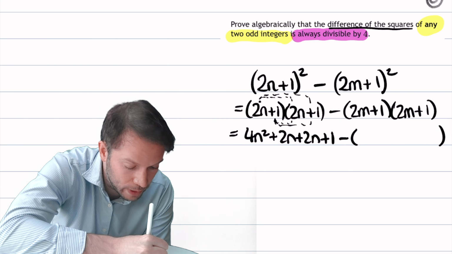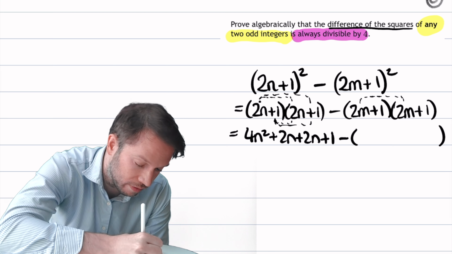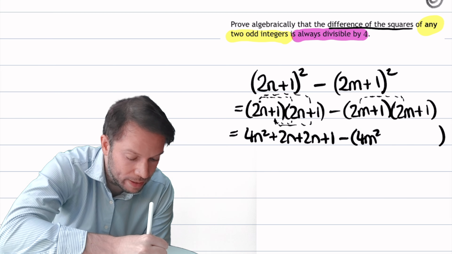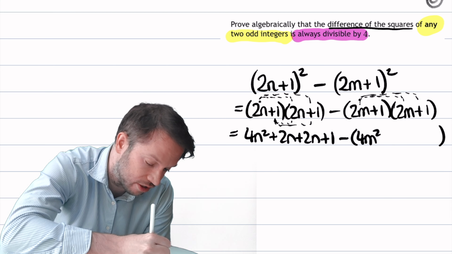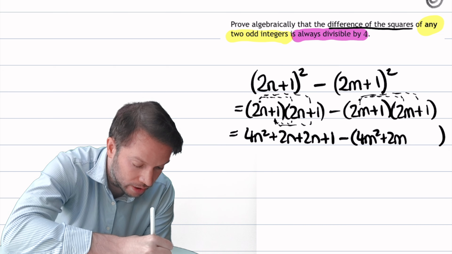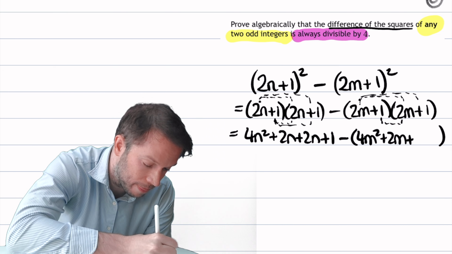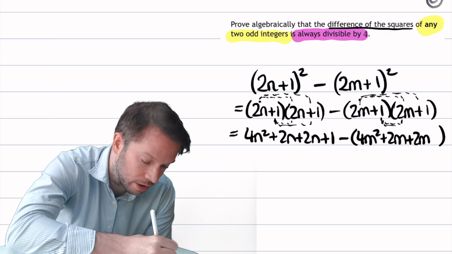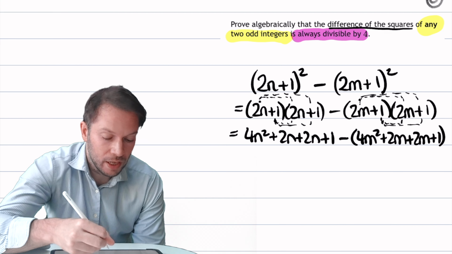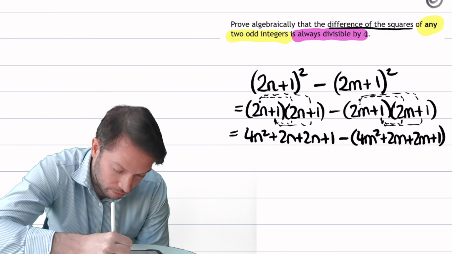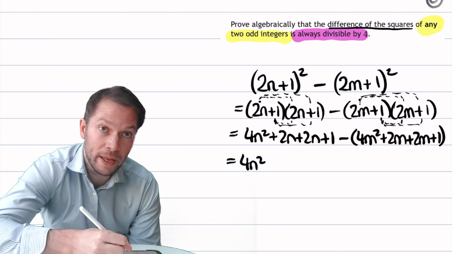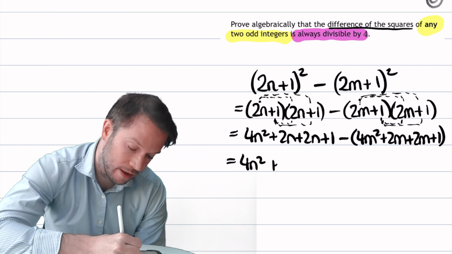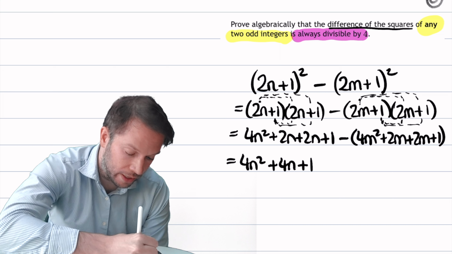So we then do 2m times 2m, which is 4m squared, 2m times 1, which is plus 2m. We've got plus 1 times 2m, which is 2m, and 1 times 1, which is plus 1. Now let's tidy up. We've got 4n squared, 2n plus 2n is 4n, plus 1, and then minus this bracket.